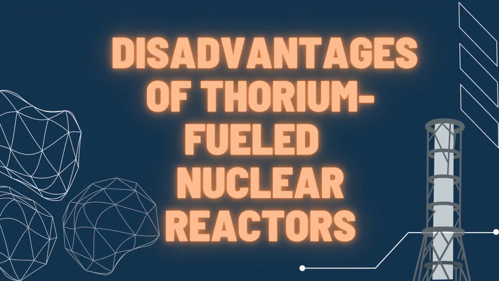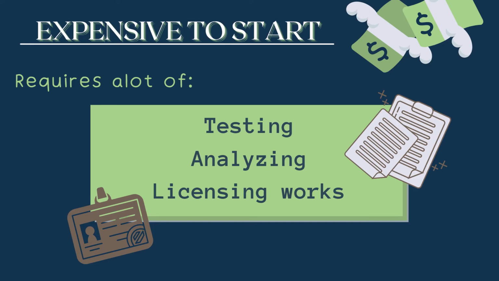No matter how amazing the thorium-fueled nuclear reactor sounds, like everything else in the world, there are also a few disadvantages that need to be considered during decision making. First and foremost, a thorium-fueled nuclear reactor has an extremely high startup cost, which means that a big sum of money needs to be invested initially. This is due to the fact that a lot is still unknown regarding the operational experience with thorium.